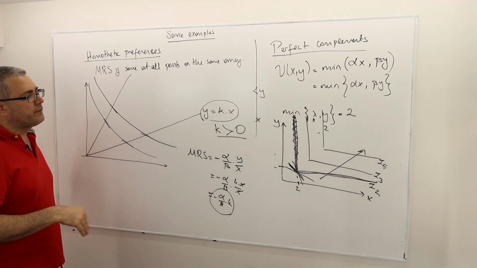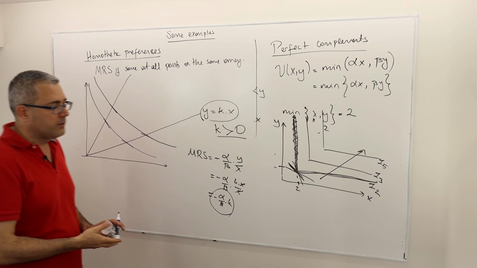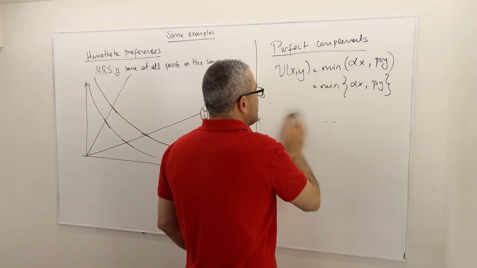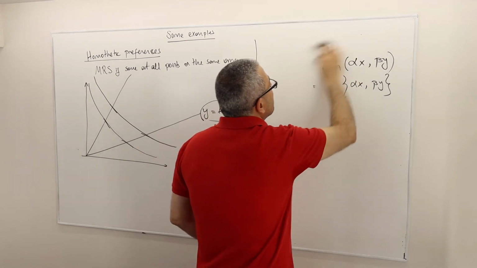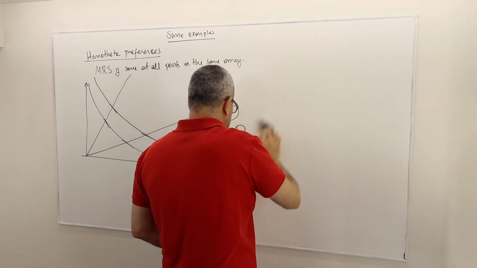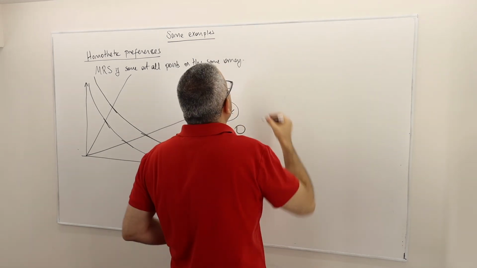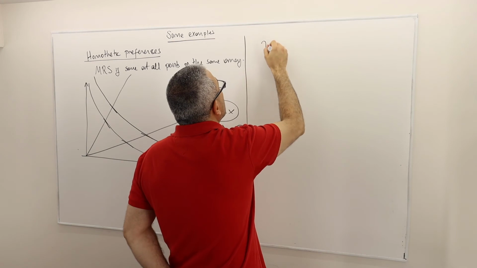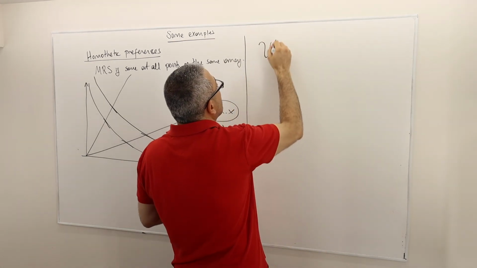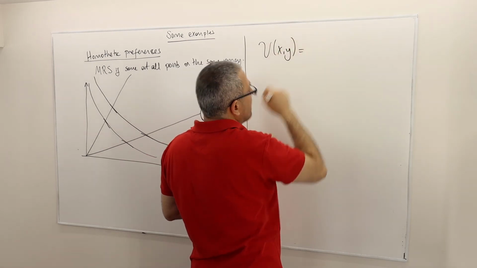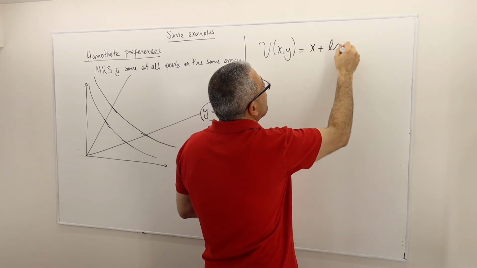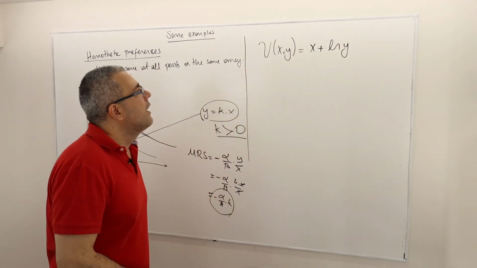But not all preferences are homothetic. And in fact, one very famous utility function that is not homothetic is what we call the quasilinear utility function, let's be more specific, x plus ln y, for example. All right.